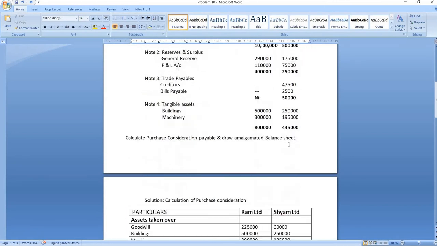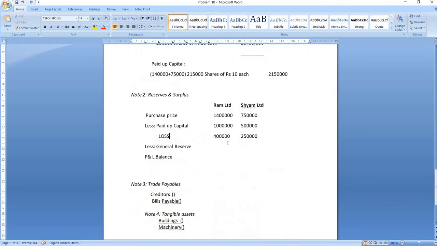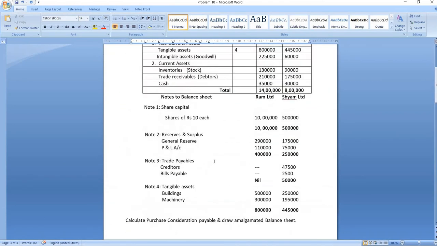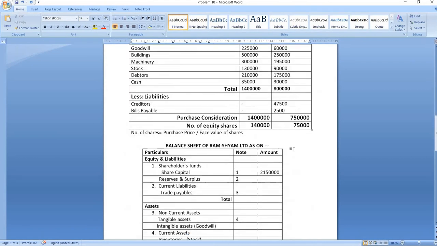So let us take it here. General reserve 2,90,000 and 1,75,000. Okay. Next we will take profit and loss, that is surplus of the companies. So surplus is 1,10,000 and 75,000.